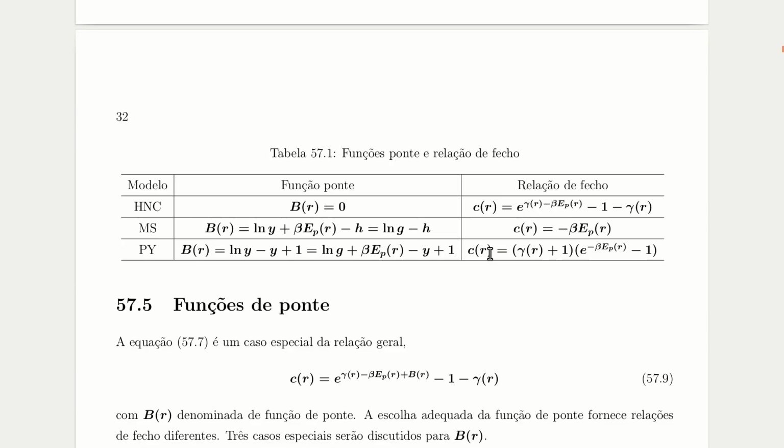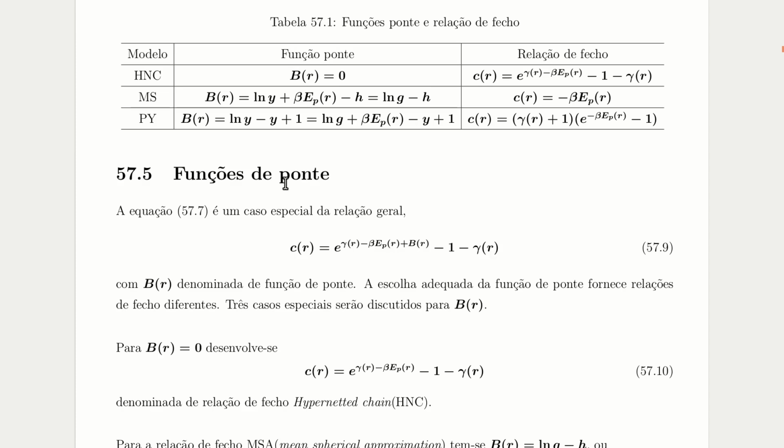Another important function is the bridge function. The Percus-Yevick closure relation is just a special case of this expression. Actually, all the closure relations can be put in this form. You just have to choose the convenient B to make a closure relation. For example, if B equals 0, you get this closure relation, which is called the hypernetted chain closure relation.